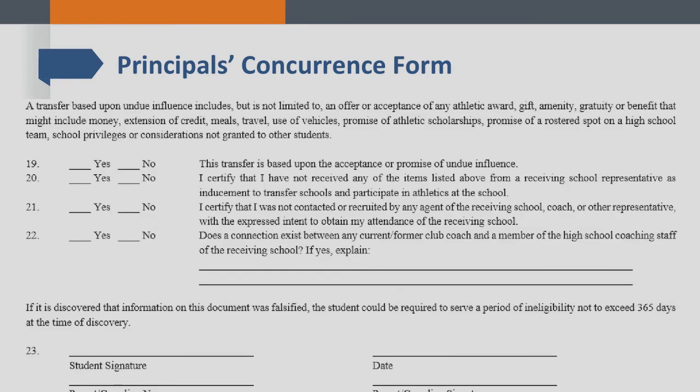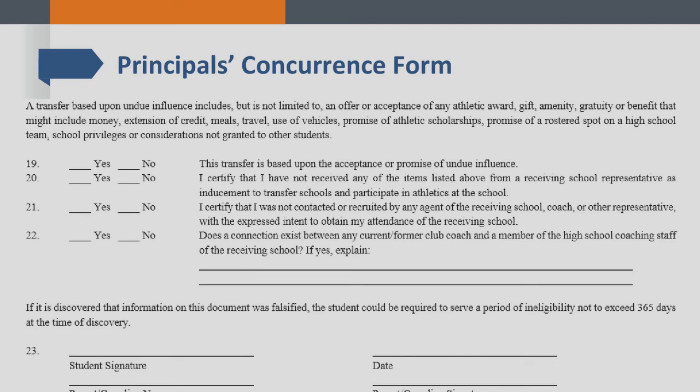This is the second part of Section 2, where the student and parent are continuing to respond to questions. We've provided our definition of undue influence and what that means, trying to define that for the student, and then to ask some questions relevant to that. I'd bring particular attention, as you're working through completing this form with the parent and the athlete, to questions number 20 and 21.